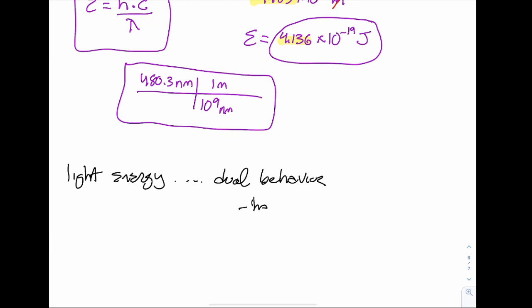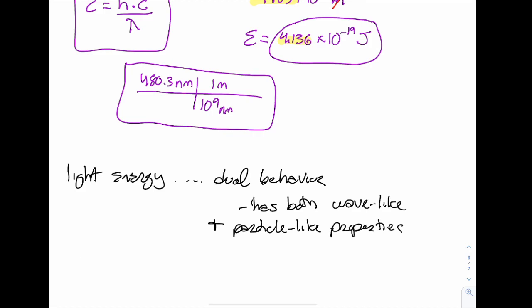So it has both wave-like and particle-like properties. And it's actually pretty complicated and kind of weird to think about.